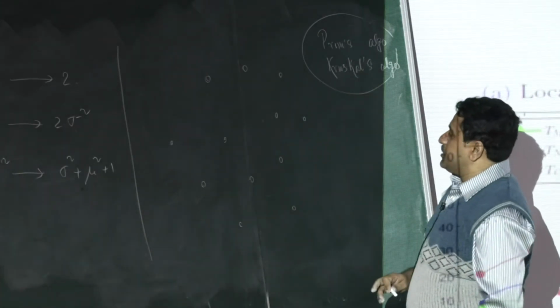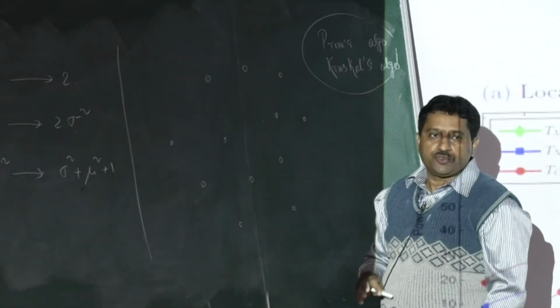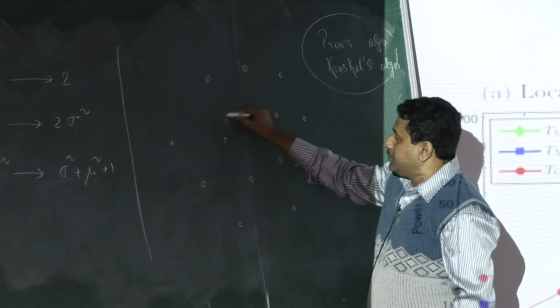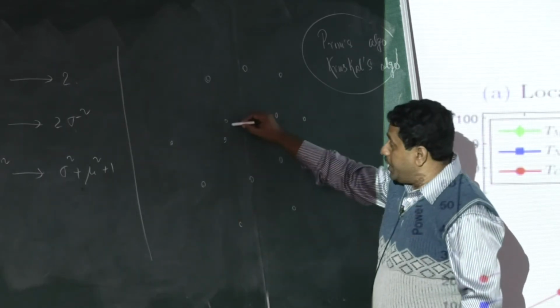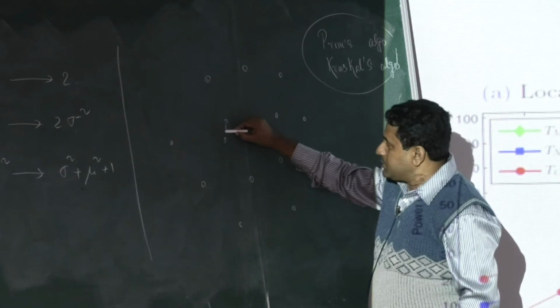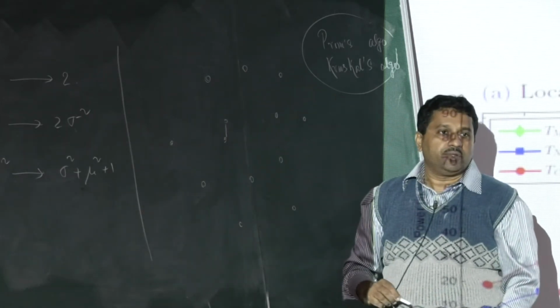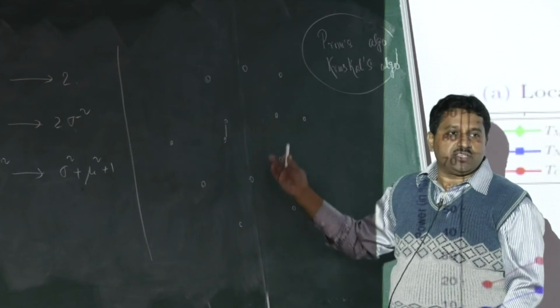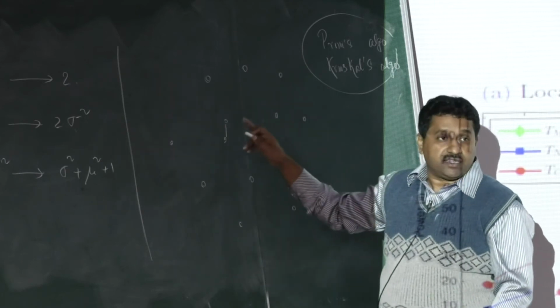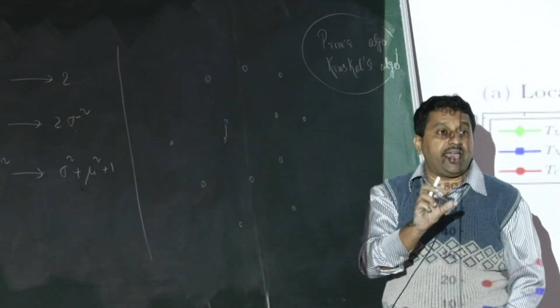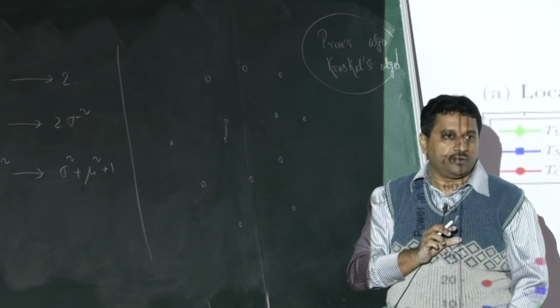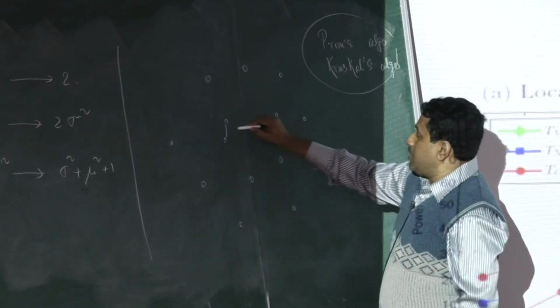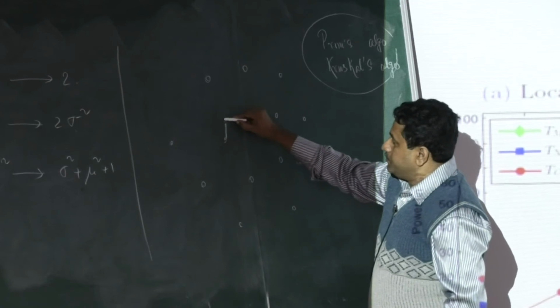Let me describe Prim's algorithm. It goes in this way. First, I will connect the two vertices which have the minimum distance between them. So I have N choose two pairwise distances, and among them I am choosing the edge having the smallest weight. Okay? So I have chosen this.